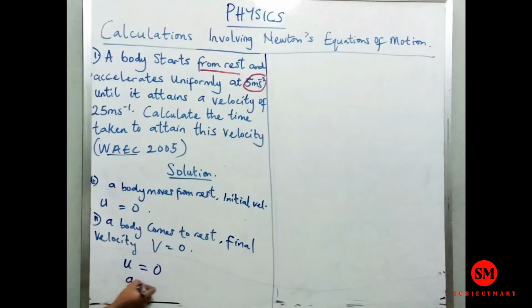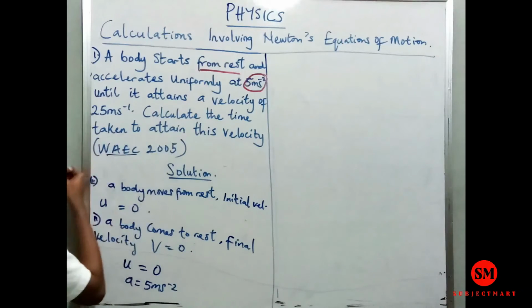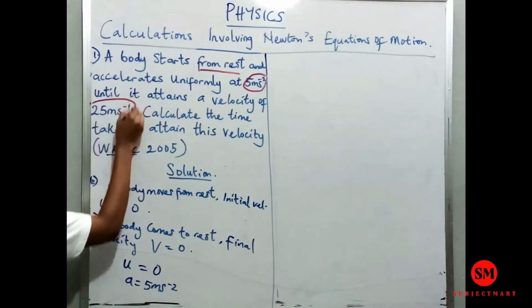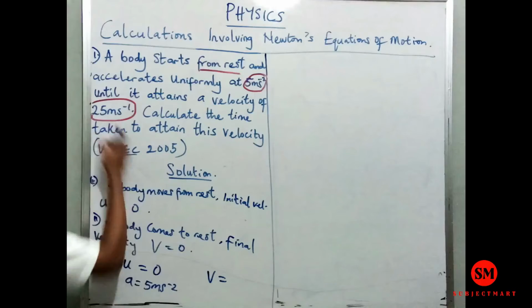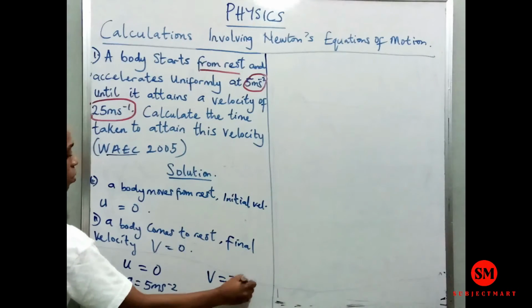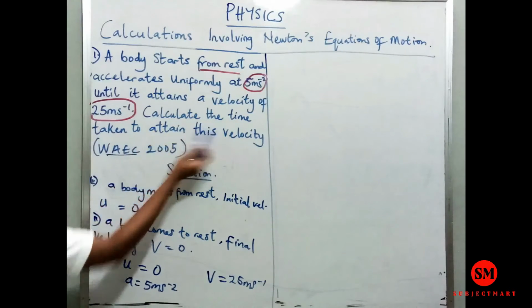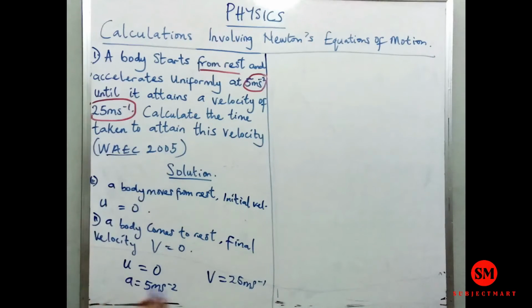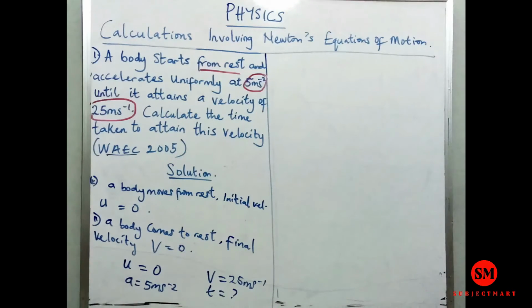Our acceleration is 5 meters per second squared until it attains a velocity of 25 meters per second. That is our final velocity. V is equal to 25 meters per second. So the question says, calculate the time taken. Calculate t. We don't know t to attain this velocity.